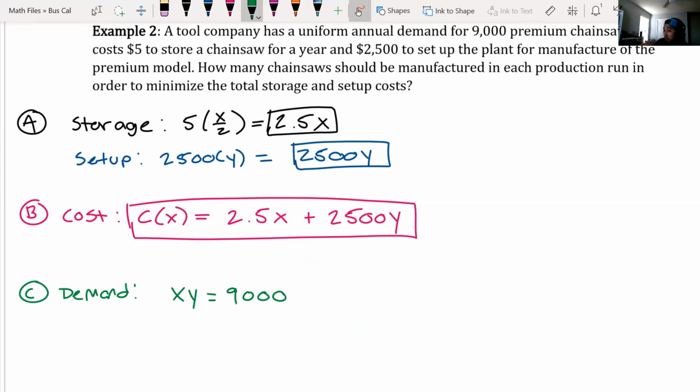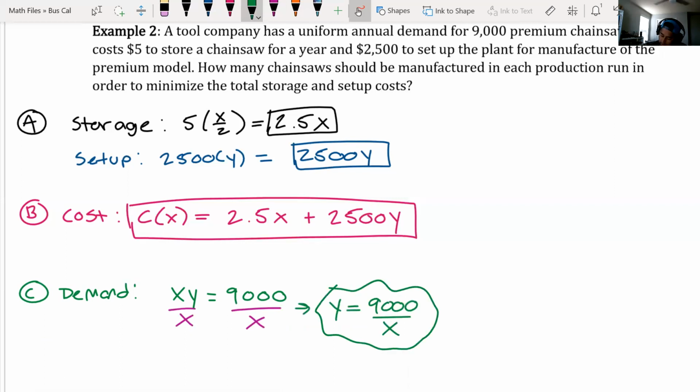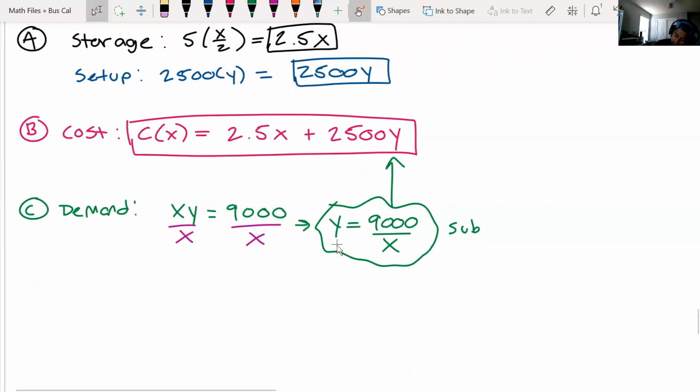So we must rearrange this, solve it for Y. So all we have to do is divide by X. And we'll get Y equals 9,000 over X. There's my sub, which goes in for that Y. And call that D.